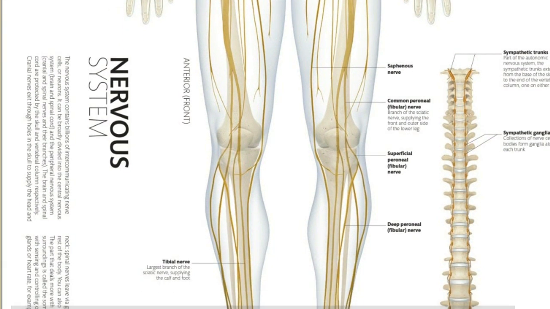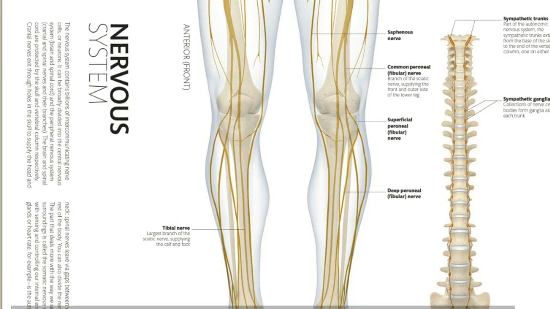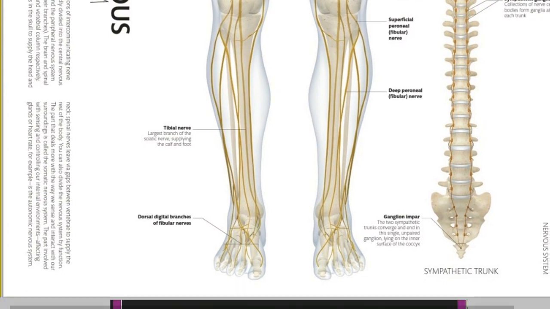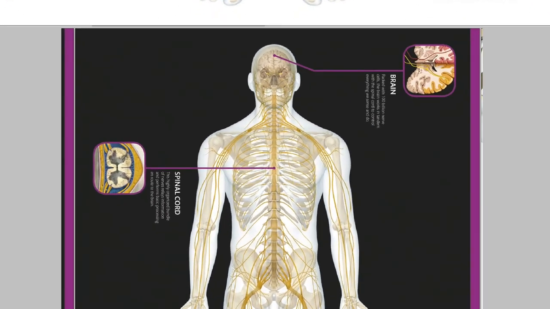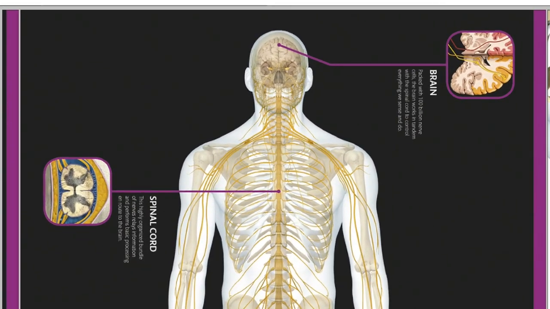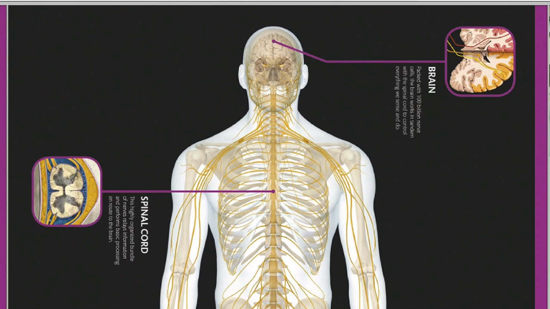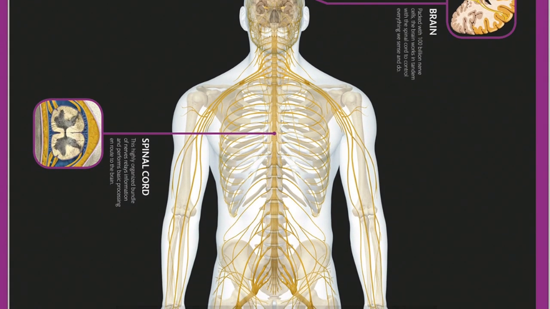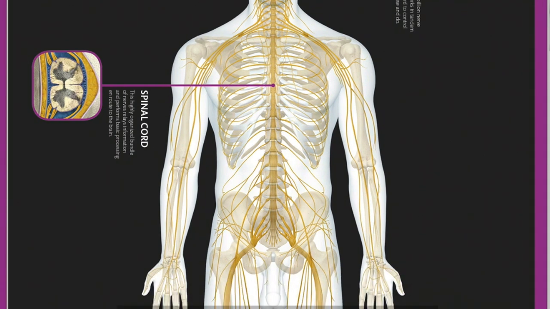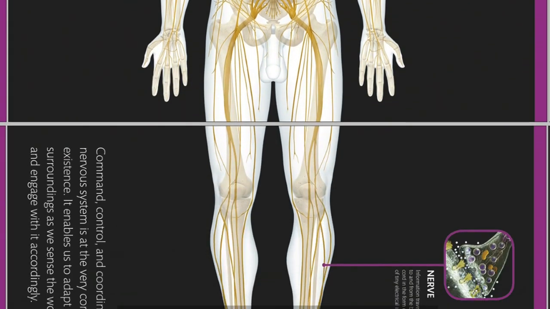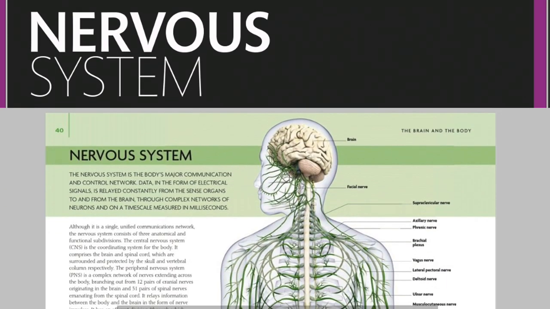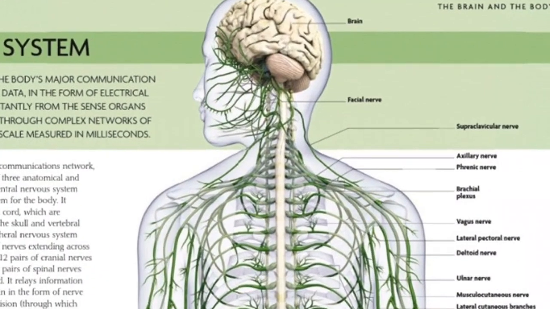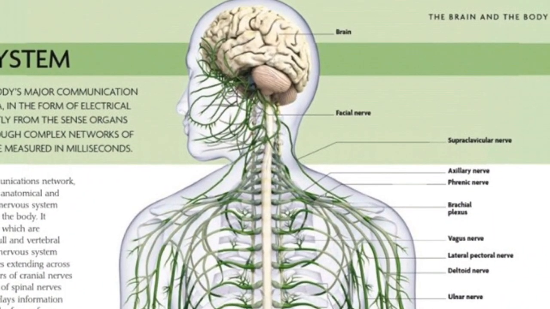So these are the spinal nerves. Now this is also a figure of the nervous system. See where exactly the brain is located. The spinal cord is shown, then the nerves are shown. This figure is also for the nervous system.